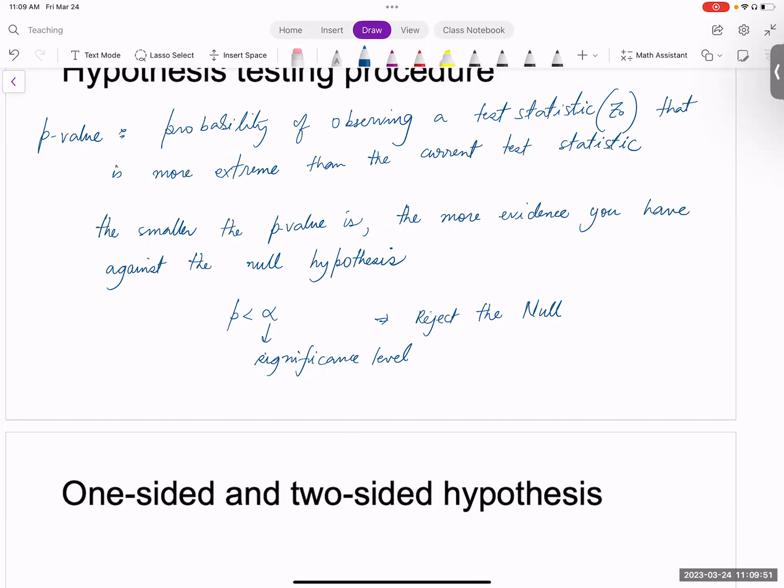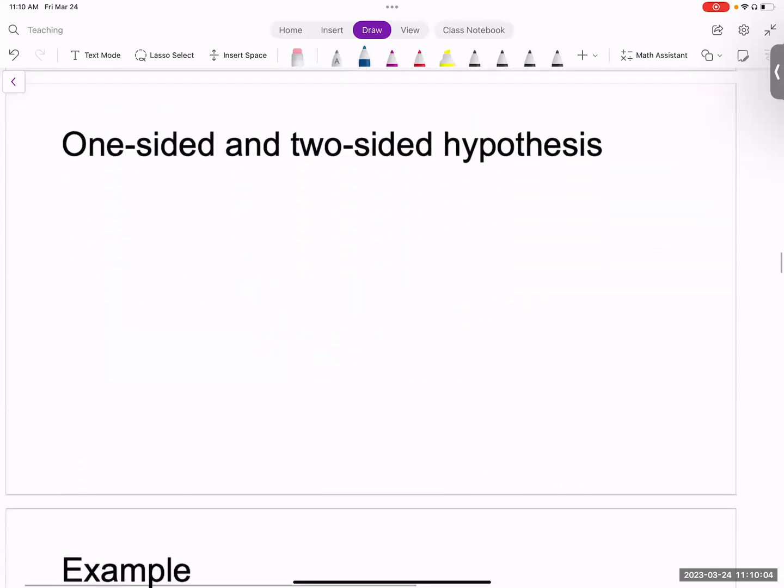Since you have more evidence against the null, you decide to reject the null hypothesis. So we can use this general p-value approach for performing hypothesis testing. And over the course of the next few slides, I'm just going to walk you through some general examples of hypothesis testing, and simultaneously we'll also do some examples.